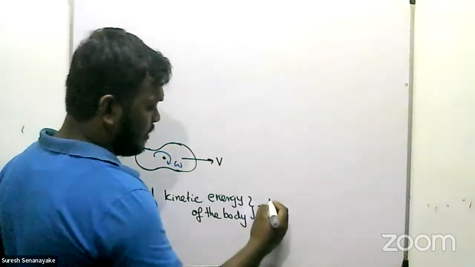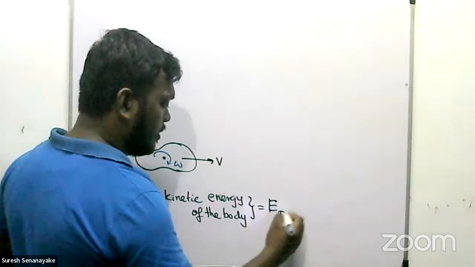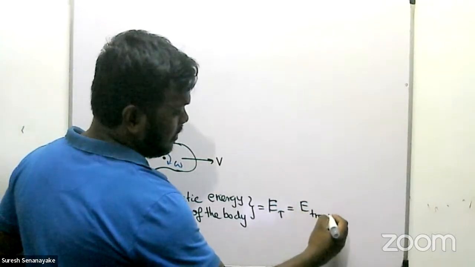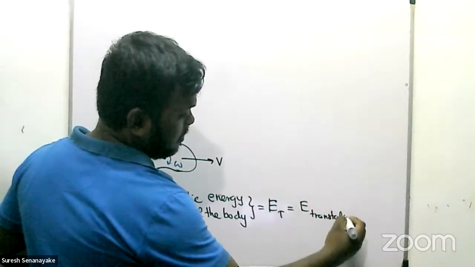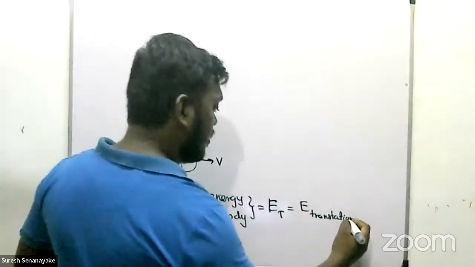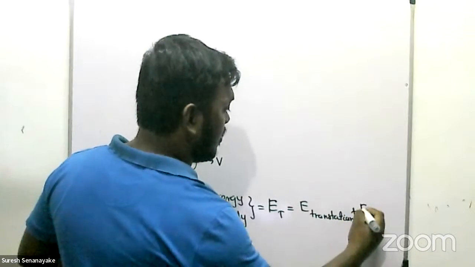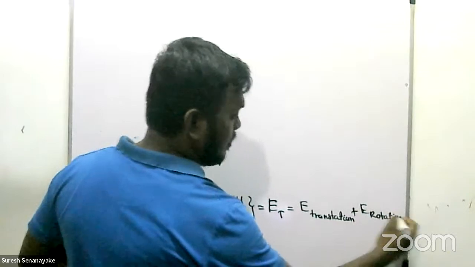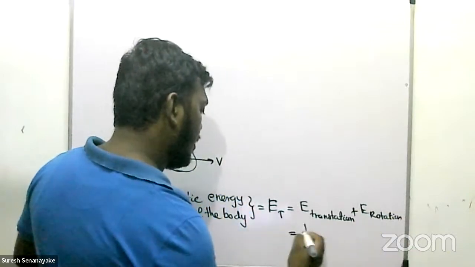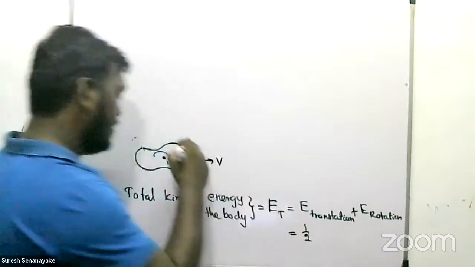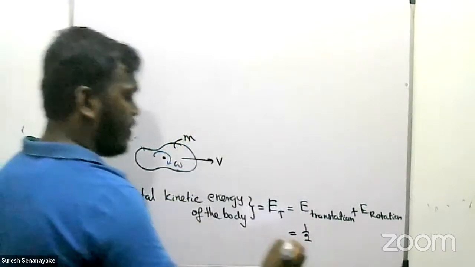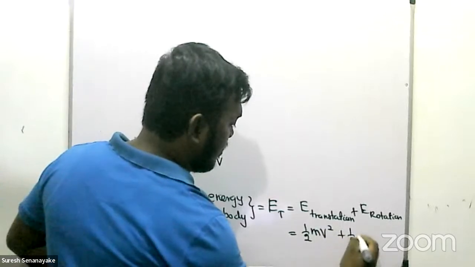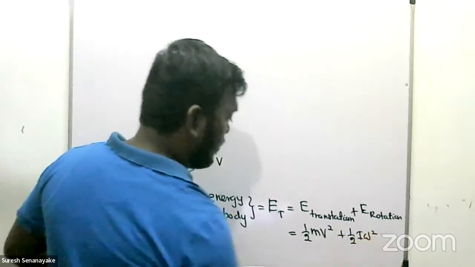The total kinetic energy equals the kinetic energy of translation plus the kinetic energy of rotation, equals half the mass of this body, let's say m, v square, plus half I omega square.